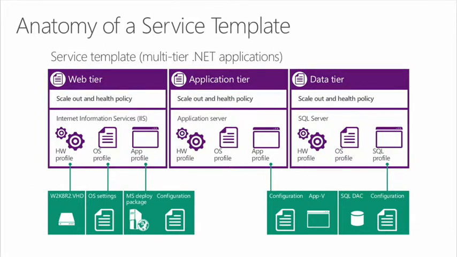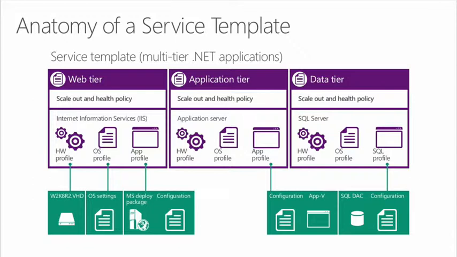And with System Center 2012, with VMM 2012 and beyond, we've added the capability of presenting an application profile, whether that be for a web tier, an MS Deploy package, whether it be for an application tier, a Server App-V package, or whether it be a data tier and a SQL DAC pack for defining the configuration of that database. You have the ability in a service template to add that application profile on top of it.